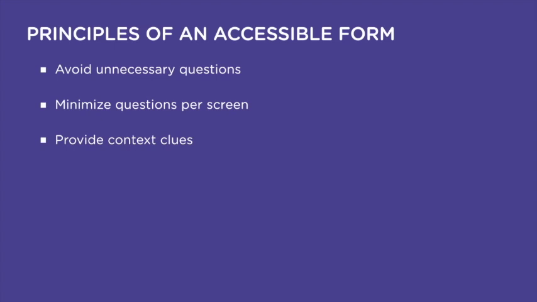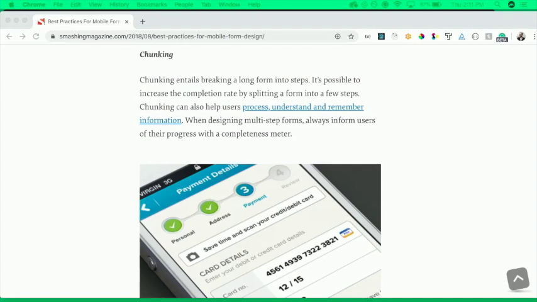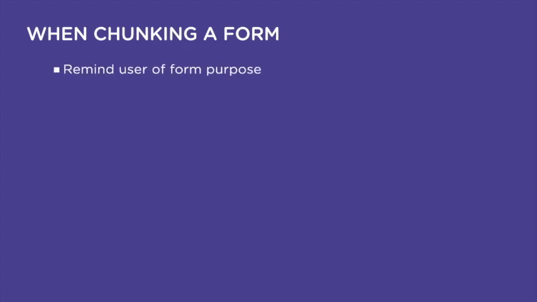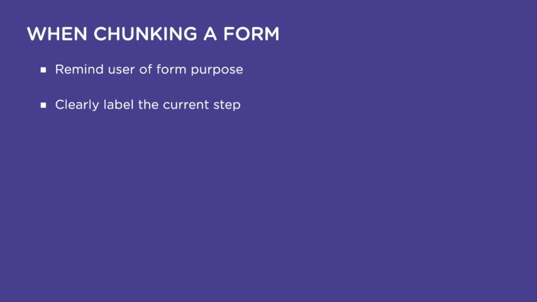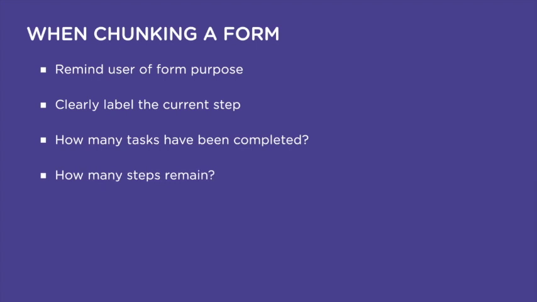To further assist such users, make sure your form provides context clues. Chunking, a term used to describe breaking a form into steps, only works if all the following are perfectly clear: the purpose of the form, what step the user is on, how many tasks have been completed, and how many steps still remain.